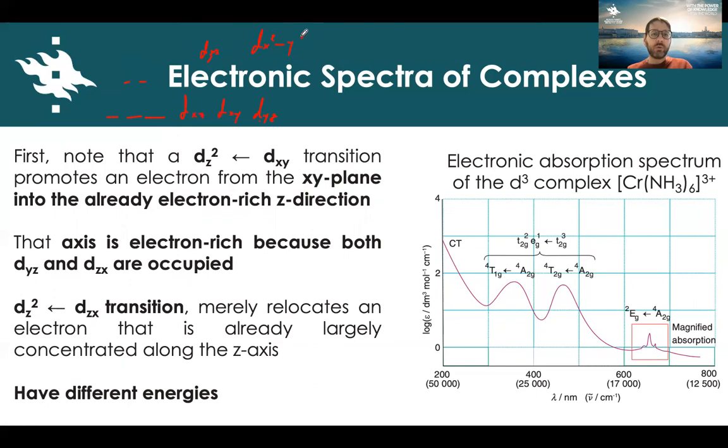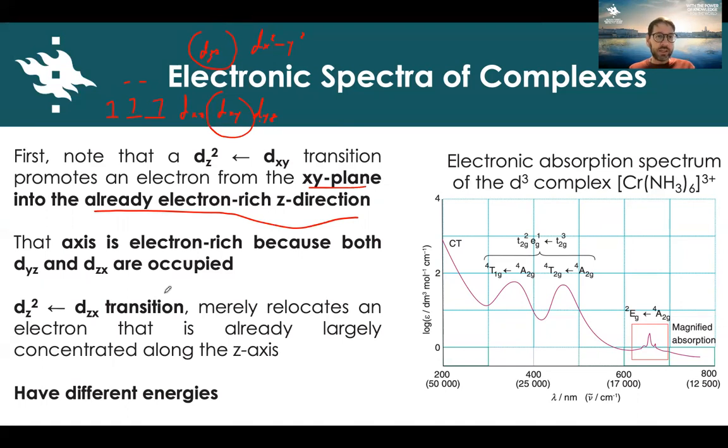So for example, if we have a transition from the orbital dxy to dz squared, this transition promotes an electron from the xy plane into an already electron-rich z direction, because we have electrons in all these orbitals, and the z direction already has electron density coming from dyz or dxz, for example. So this axis is electron-rich.